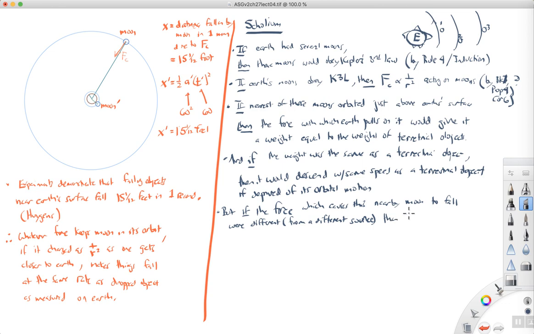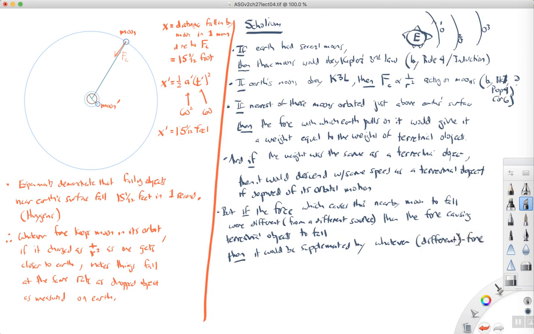Then the force causing terrestrial objects to fall would be supplemented by whatever different force causes ordinary objects to fall.